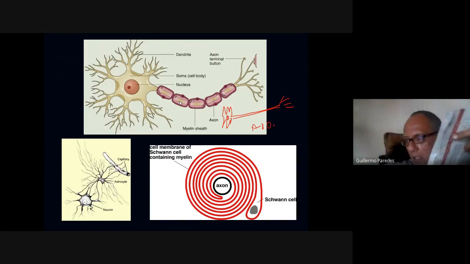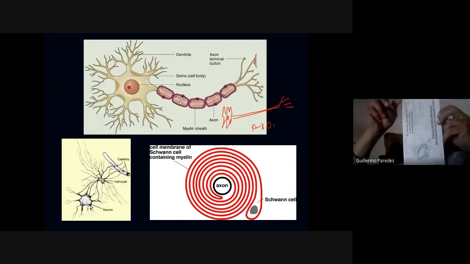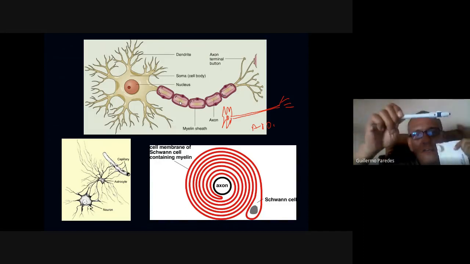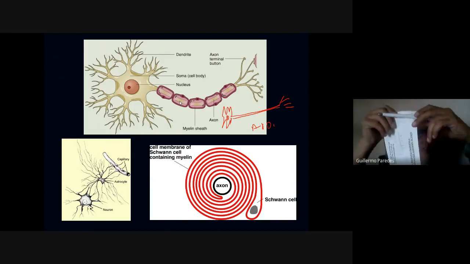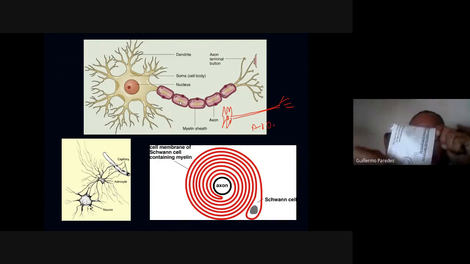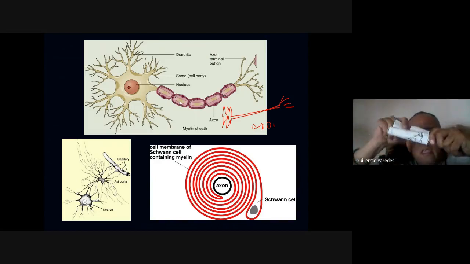I'm going to put the nucleus here. Can you see the nucleus here? This is a cell. This is a Schwann cell. And what happens here is, this is the axon, this pen. And it is going to do this. They are going to go like this, and like this, one, two, three, four times.